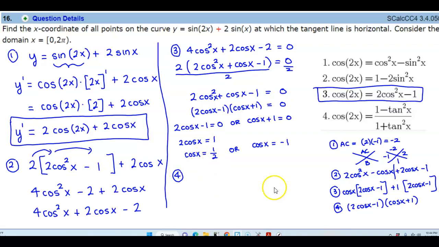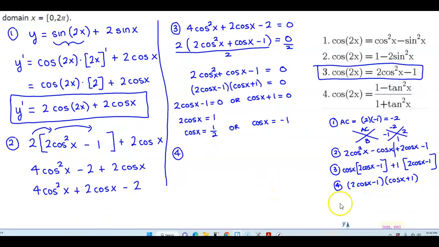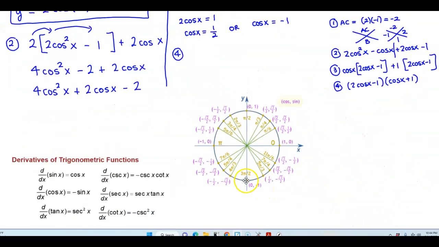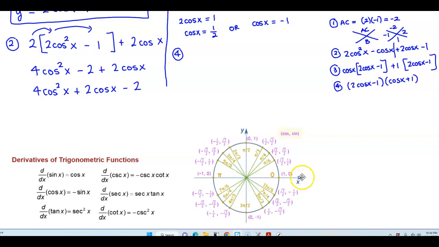If we take a look at our unit circle, you can see here's an x-coordinate of 1/2, and that's pi over 3. Is there another x-coordinate? There's another one that has an x-coordinate of +1/2, and that's here.